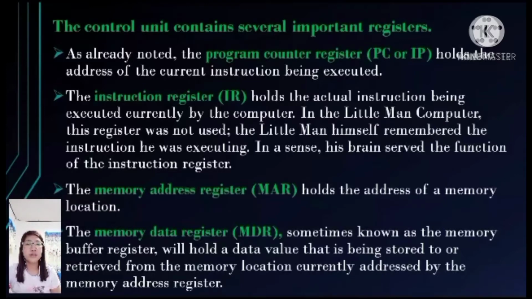Number 3, the memory address register, or MAR, holds the address of a memory location. Number 4, the memory data register, or MDR, sometimes known as the memory buffer register, will hold a data value that is being stored to or retrieved from the memory location currently addressed by the memory address register.